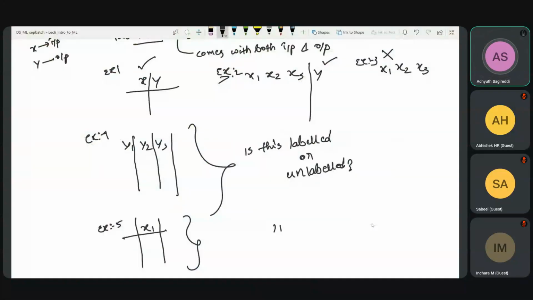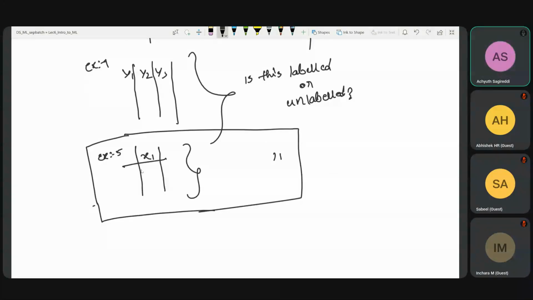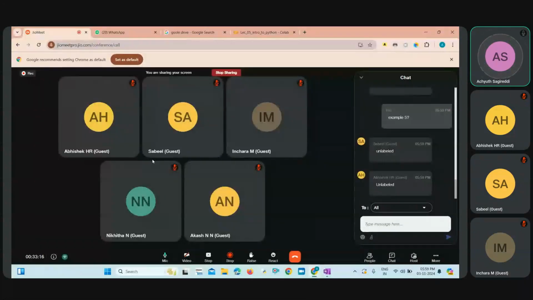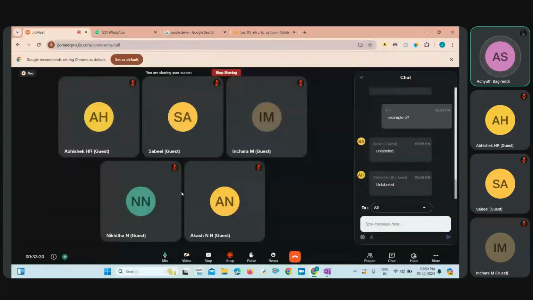For example 5, here I'm talking about this one. Is this labeled data or unlabeled data? Here only input is there, right? Is there any output? Yeah, unlabeled, exactly. Similarly for example 4, is this a labeled data set or unlabeled data set?